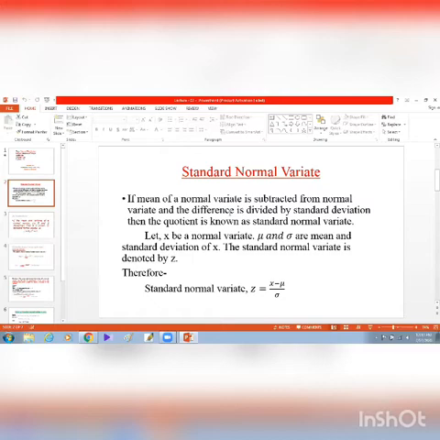Normally, the normal variate is denoted by x. Its mean is mu, and variance is sigma square. That is why the standard deviation is sigma. The standard normal variate is normally denoted by z. So, standard normal variate z equals x minus mu divided by sigma.